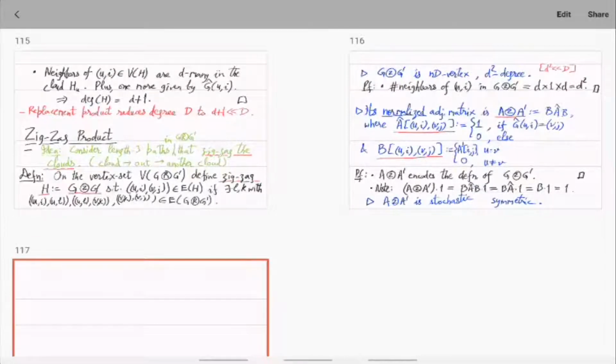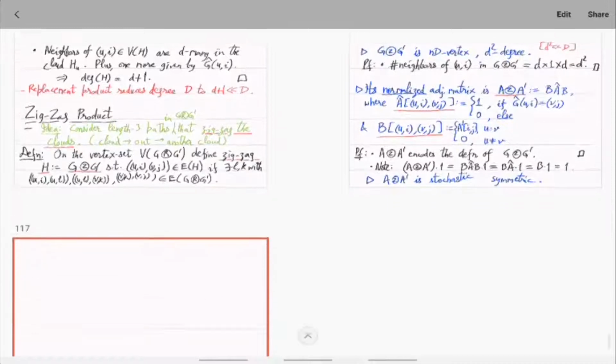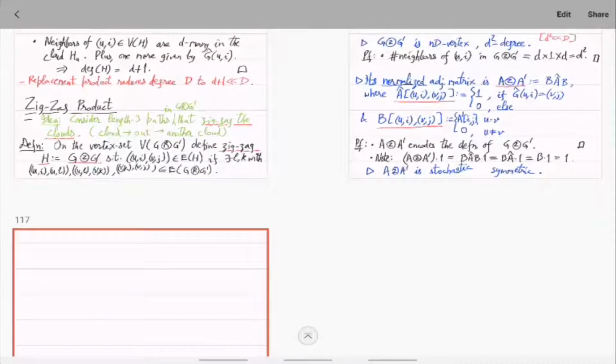A hat and B are just blown up versions of A and A prime, and then you multiply the 3, so you get B A hat B. That's the new normalized adjacency matrix. So A zigzag A prime is both stochastic and symmetric, that we had observed last time. Now we will do the spectral analysis.